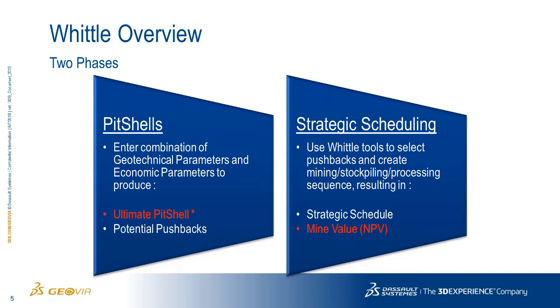But obviously the end result is to have the schedule and any details we need out of it. And then we also need some measure of how good that schedule is, and that's primarily done by the value of the schedule, which is normally measured by NPV. So the goal in this presentation is really to look at those different Whittle scheduling tools, with the end goal, obviously, of raising the mine value to maybe push that project value a little higher.